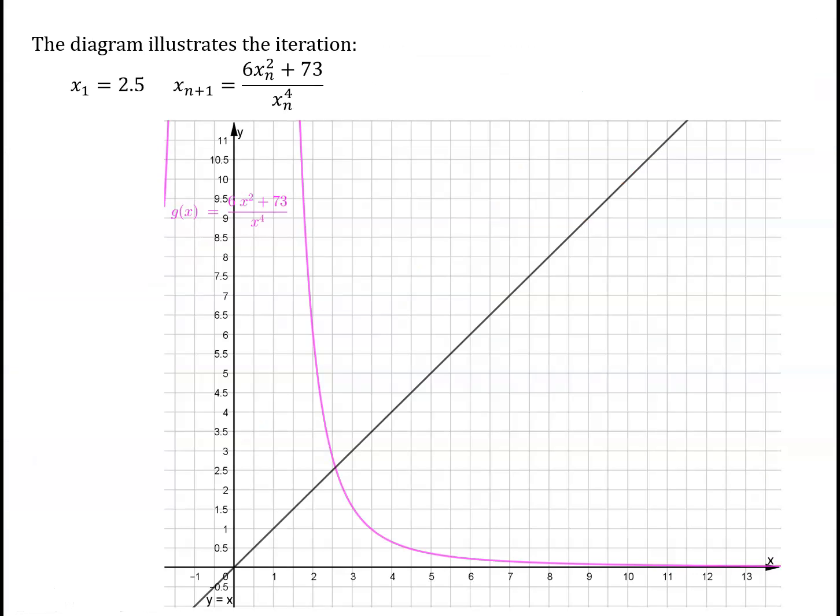Now this new diagram illustrates one of the other iterations that we were looking at. It illustrates the iteration x1 equals 2.5, x(n+1) equals (6xn squared plus 73) all over xn to the power 4.